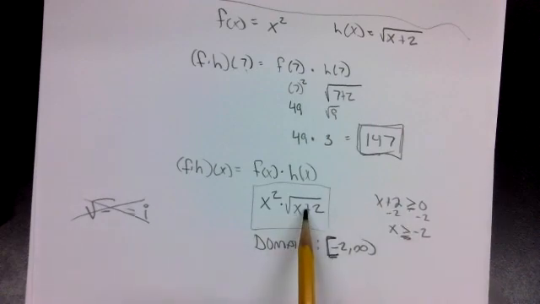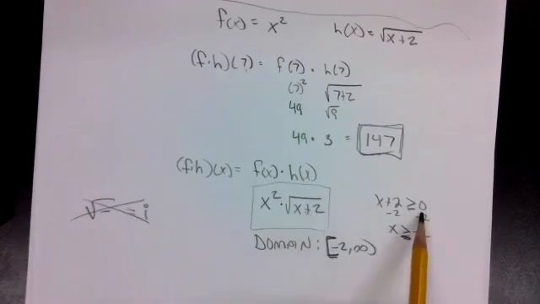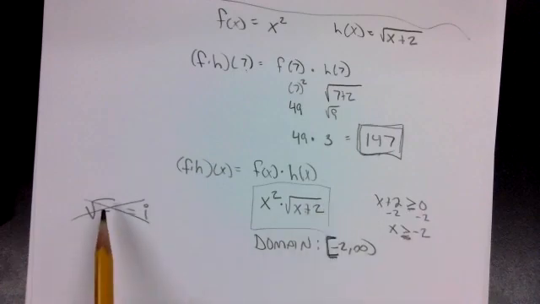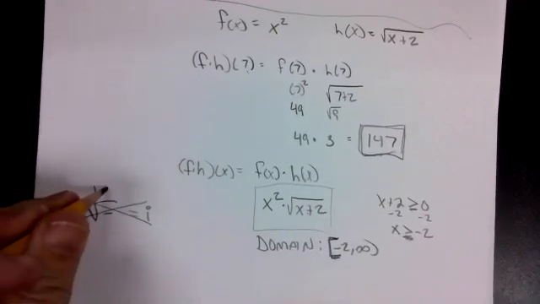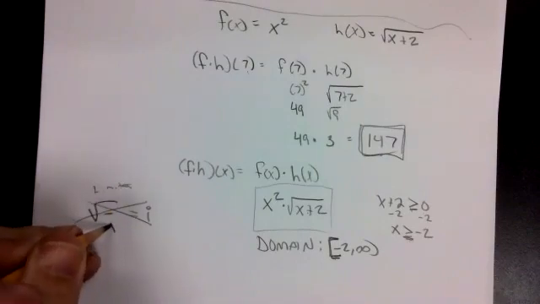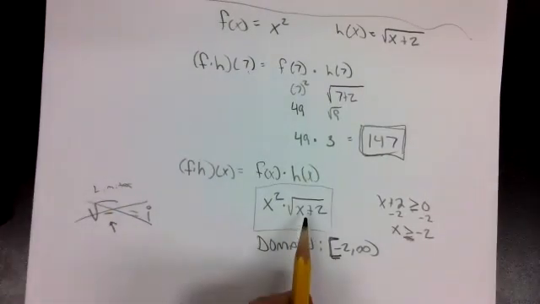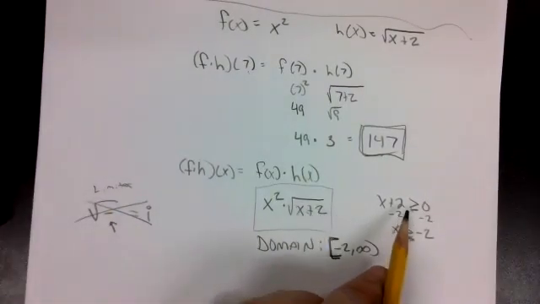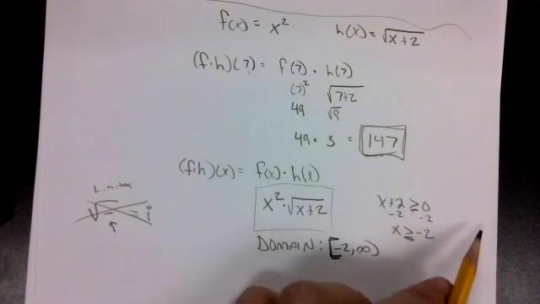Because we need this to be bigger than 0. If it's smaller than 0, that's going to cause this to be imaginary. So this is my domain limiter. I can't have any negative numbers inside of the radical. So I need whatever's inside this x plus 2 to be 0 or bigger. I need it to be positive.